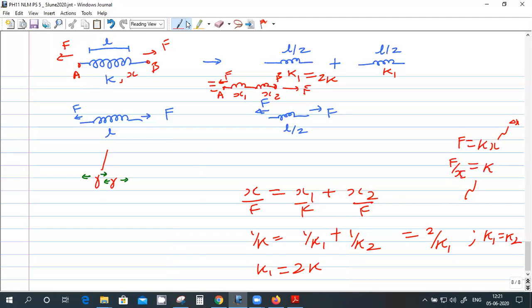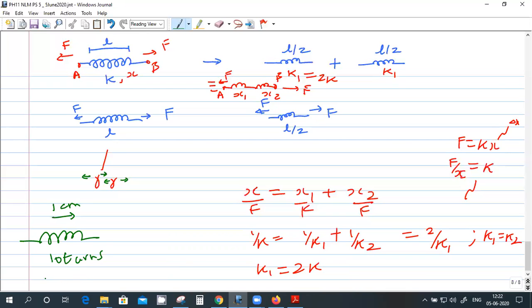The need to understand this is, suppose I have a spring which has got say 10 turns or 10 coils, whatever you may say. And suppose I increase this length by 1 unit.